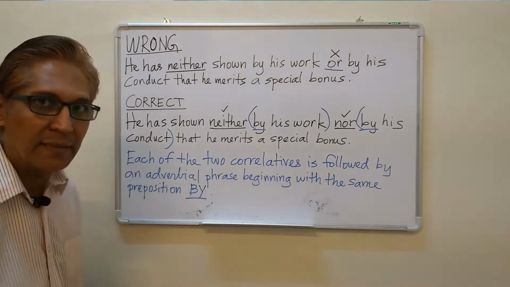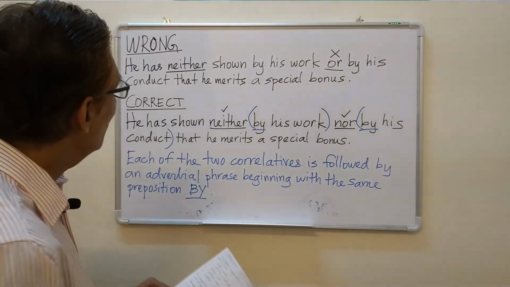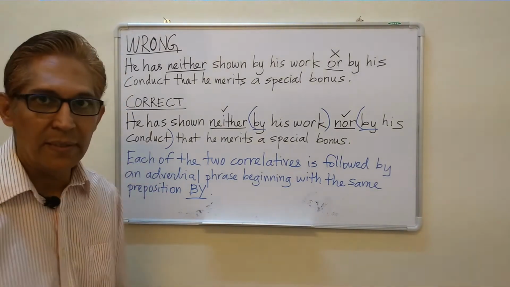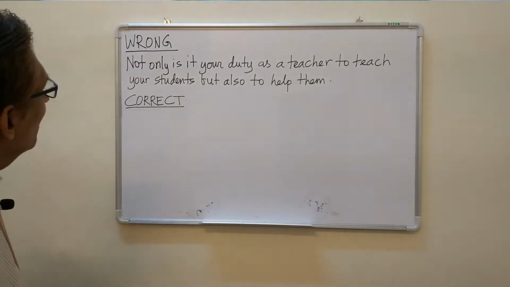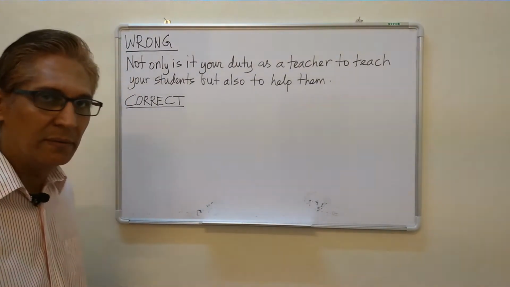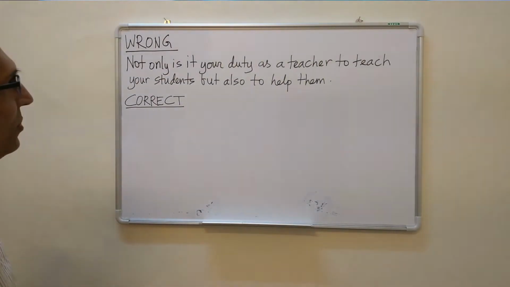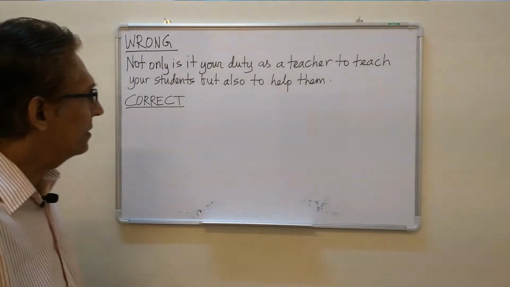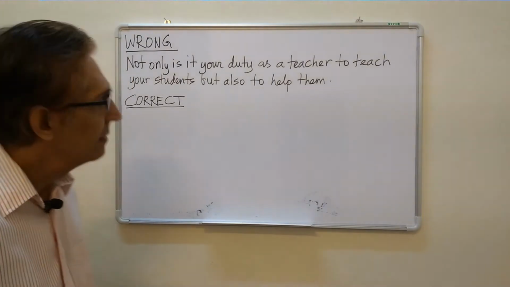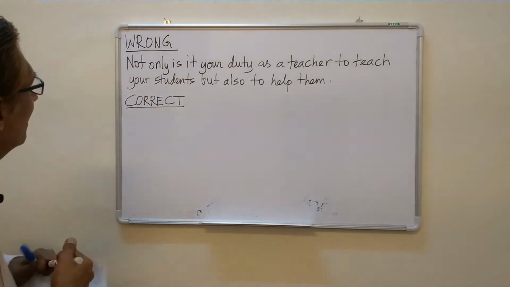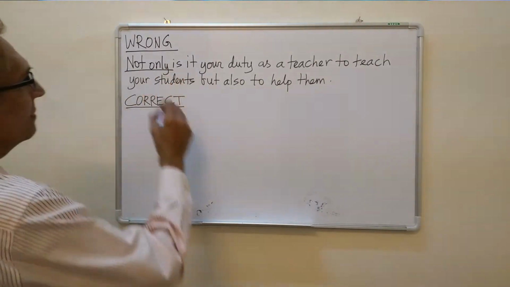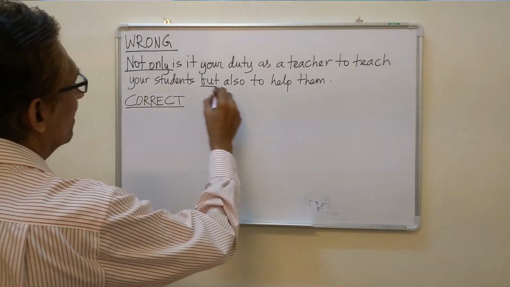Now we will take another example to show you how to use correlatives in the right way. Now look at this example. It is also an example of a sentence which is wrong: Not only is it your duty as a teacher to teach your students, but also to help them. First, we identify the correlatives in this sentence. They are not only and but also.